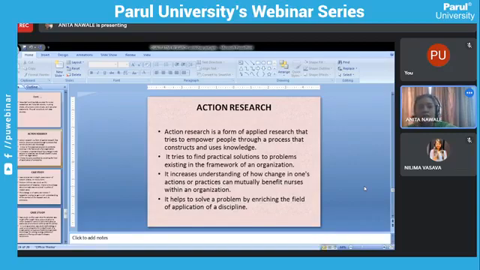For example, in action research, whatever problems we are facing on the hospital side, we can take that as a mini research and try to find out the solution for it and apply it. It can also be used as evidence based practice. For example, many times we face a problem of infection control in the hospital, specifically in ICUs and operation theaters.